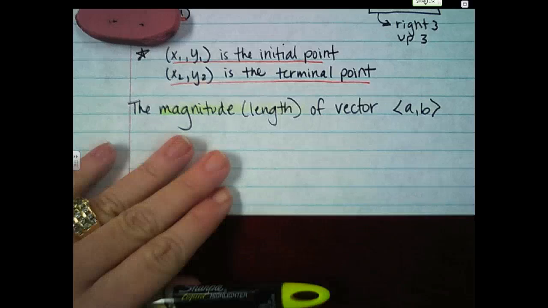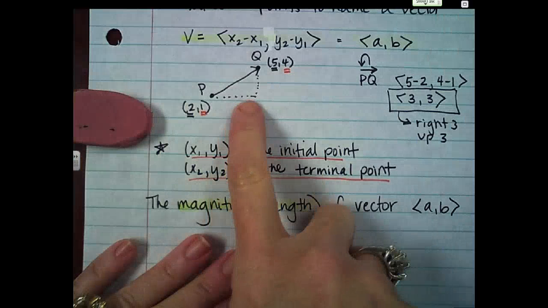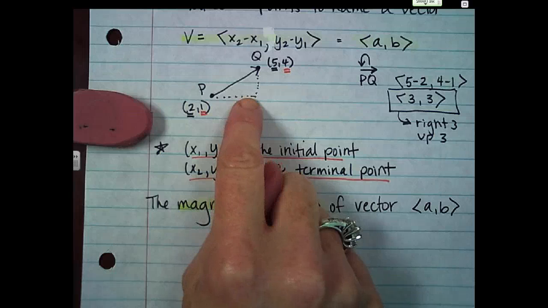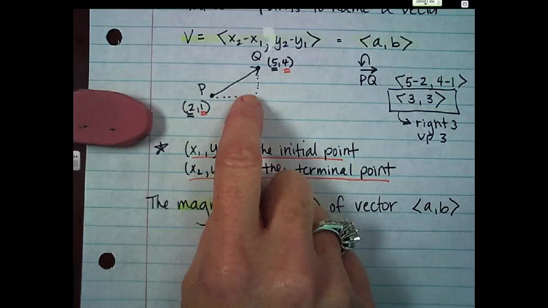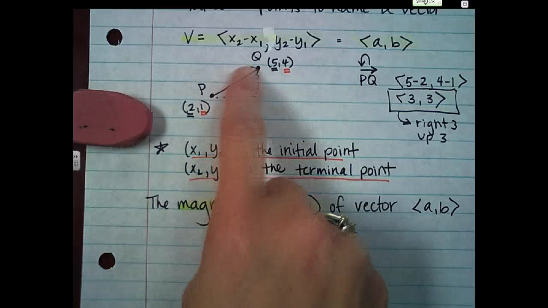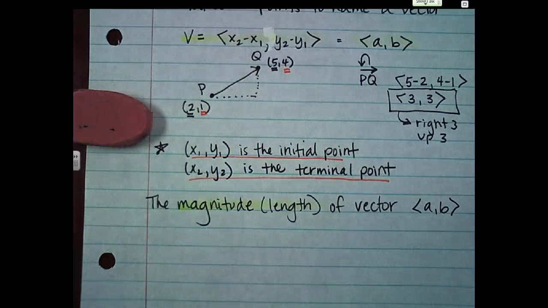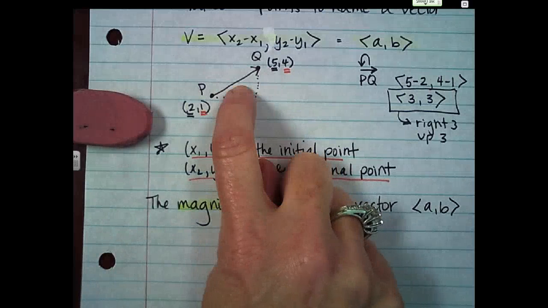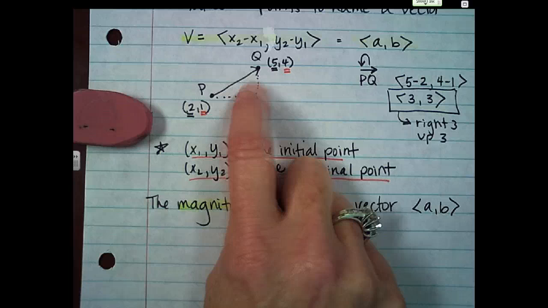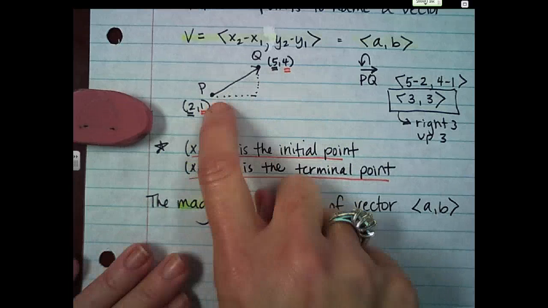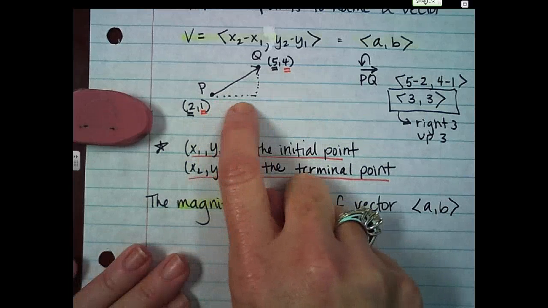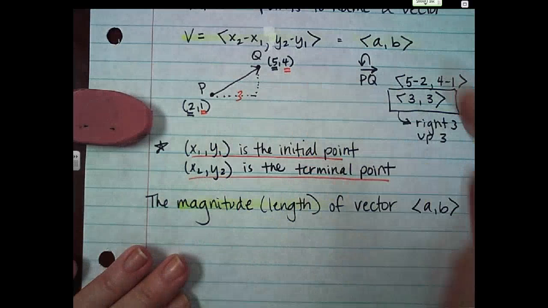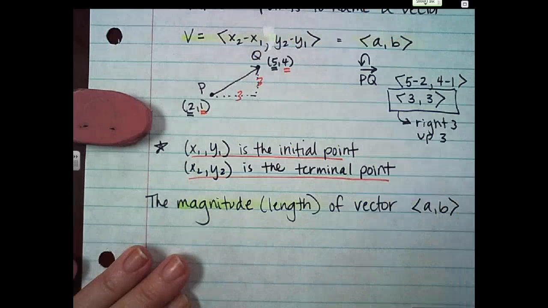Now, let me ask you a question. Go back and look at this picture. What math formula, and we've done it in pre-cal a lot too, but a lot in geometry, am I going to use to find the length of that PQ? Pythagorean theorem. This is a right triangle, correct? So I would take a squared plus b squared, right? In other words, the length here, which in this case was 3 units, and then the length here, which also just happened to be 3.